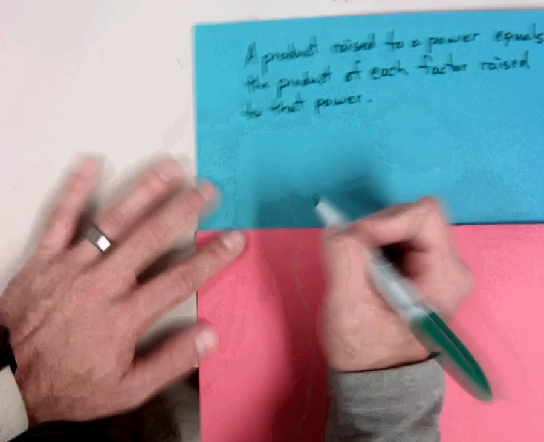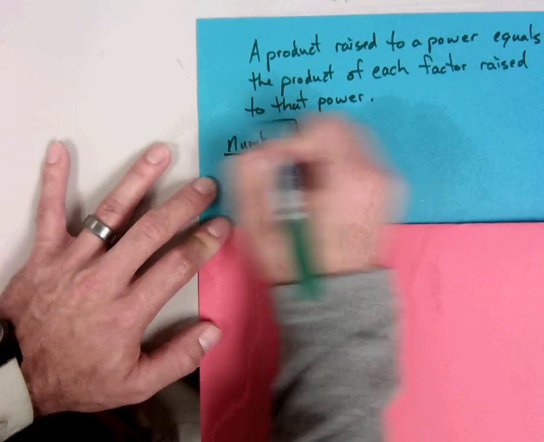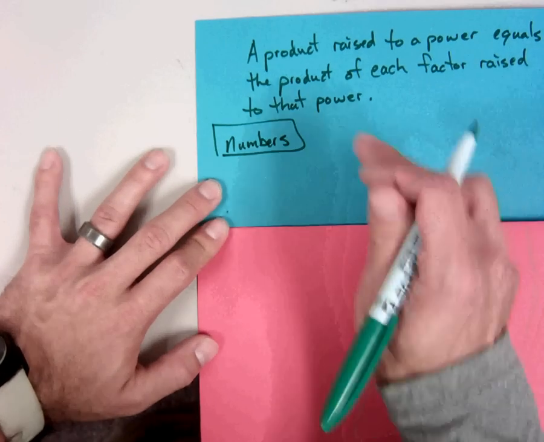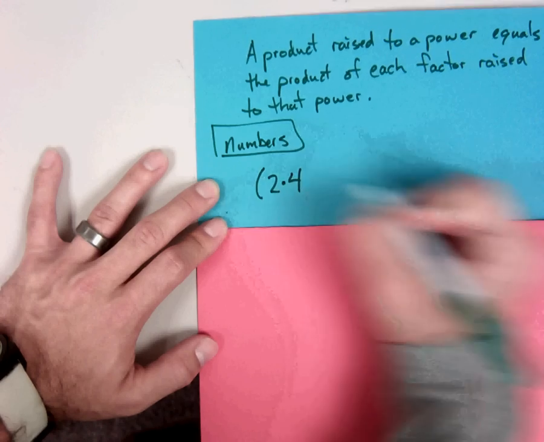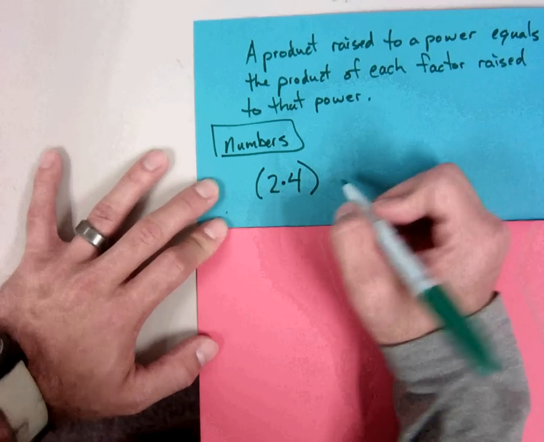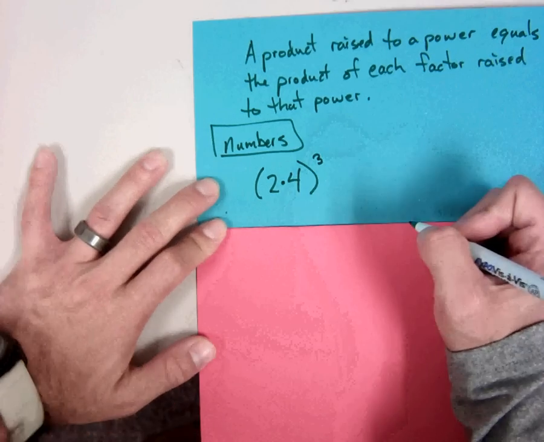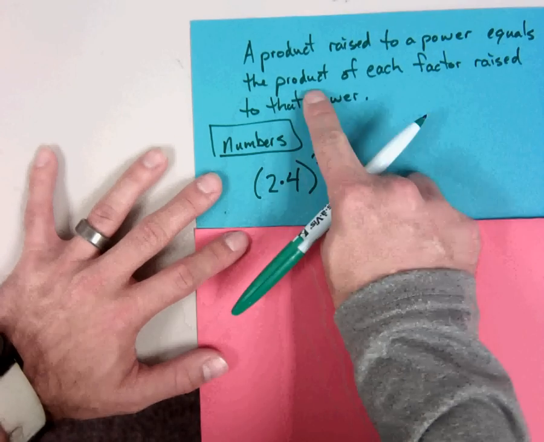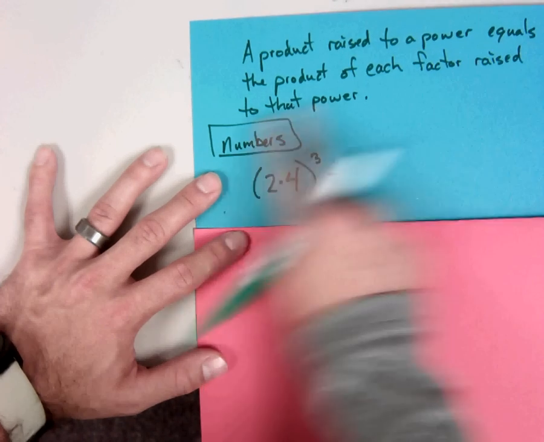All right, so in numbers. Okay, so let's say we have a product, which just means two numbers multiplied by each other, raised to a power. So let's say we have 2 times 4 raised to the 3rd power. Okay, it's going to be equal to the product of each factor, these are our factors, 2 and 4, raised to that power.